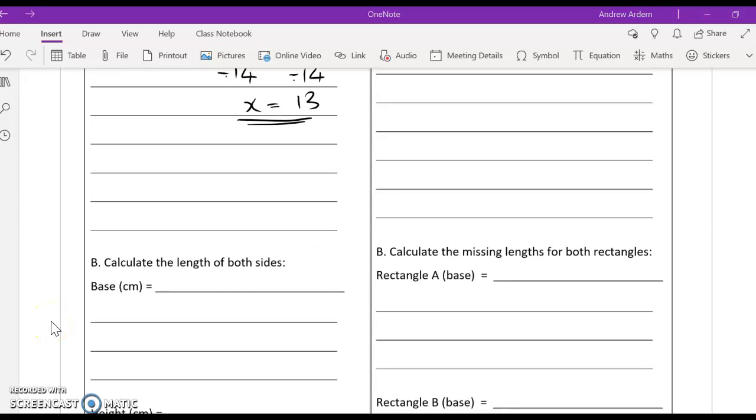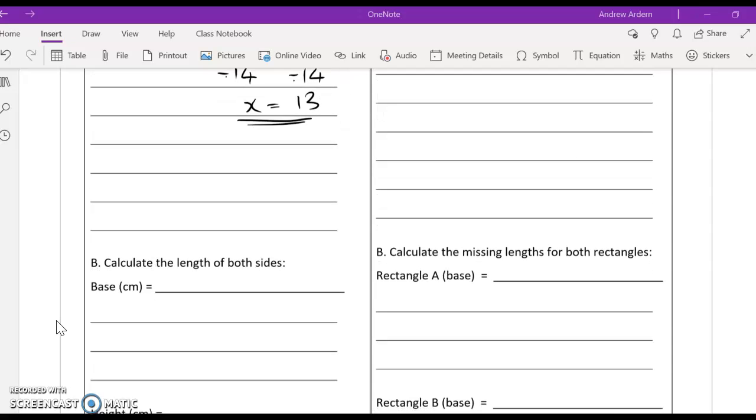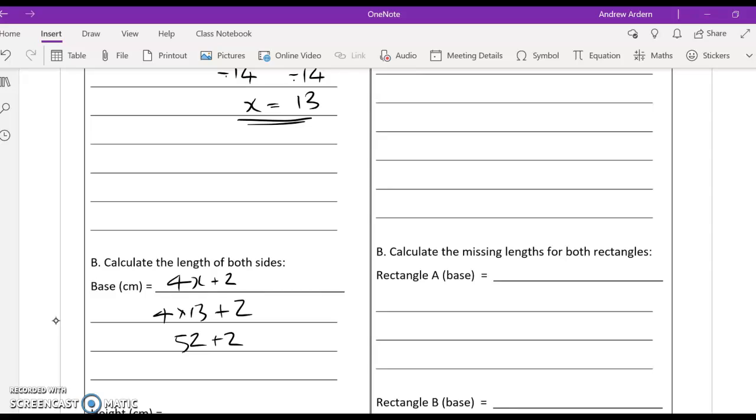And then it says calculate the length of both sides. The base was 4x plus 2. So that will now equal 4 times 13, because x was 13, plus 2. 52 plus 2, that'll give 54 cm.